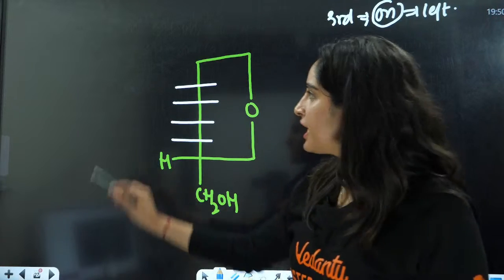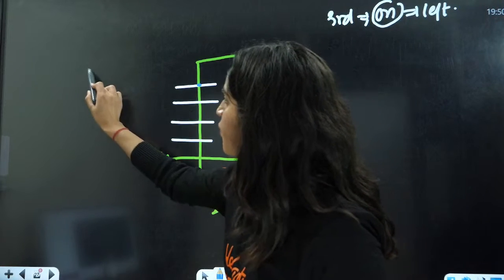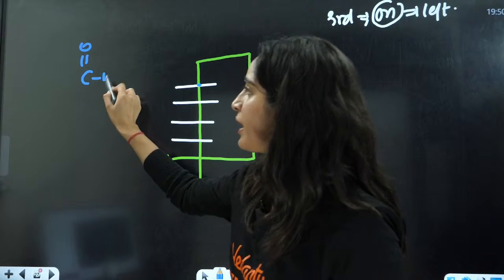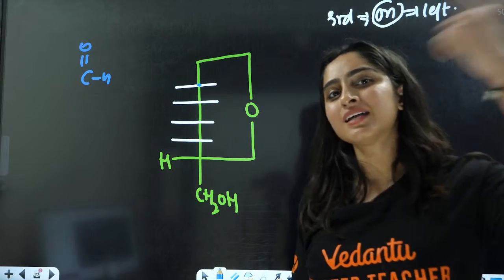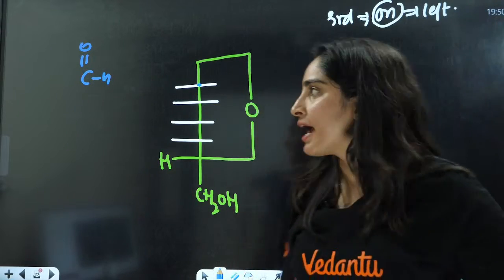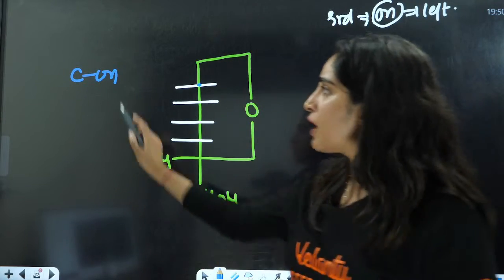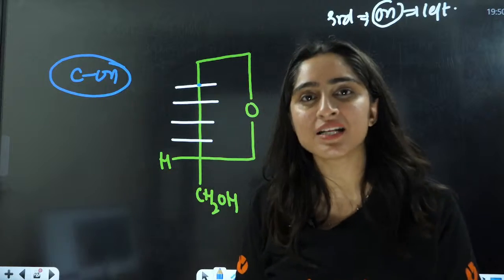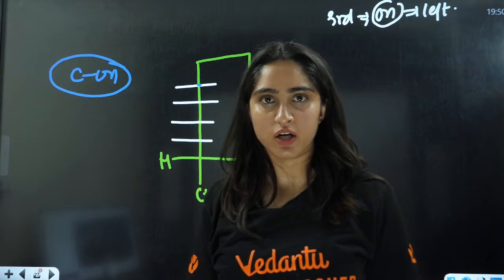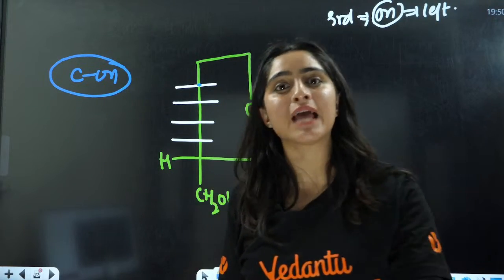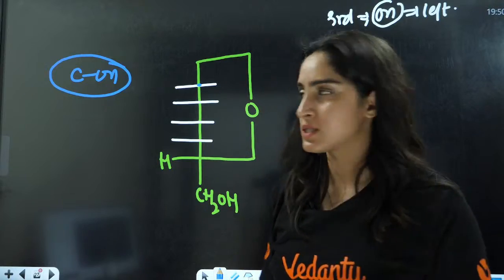Initially, it was C double bond O, an aldehyde group. After the exchange of hydrogen, it gets converted into CHOH. So now this CHOH defines the alpha and beta structure. Everything else is the same in alpha and beta glucose.